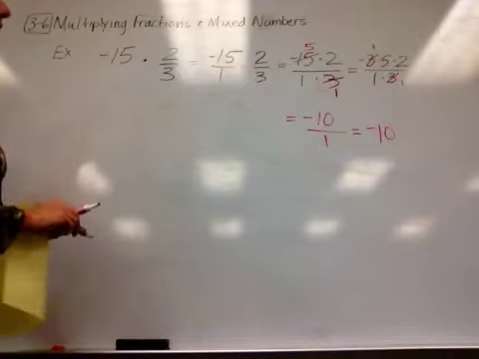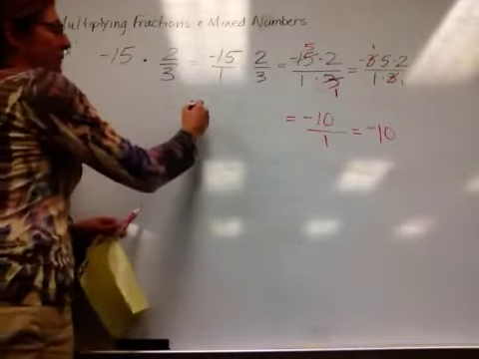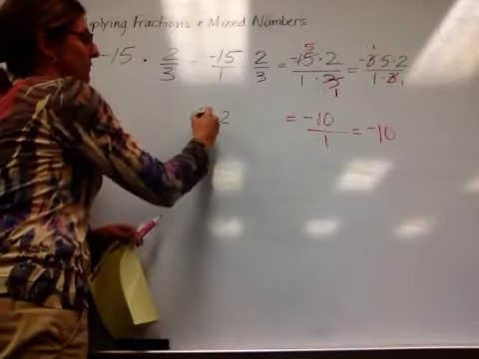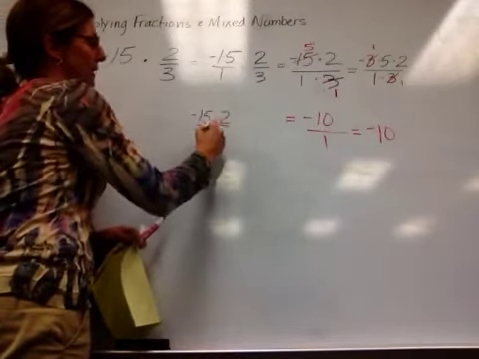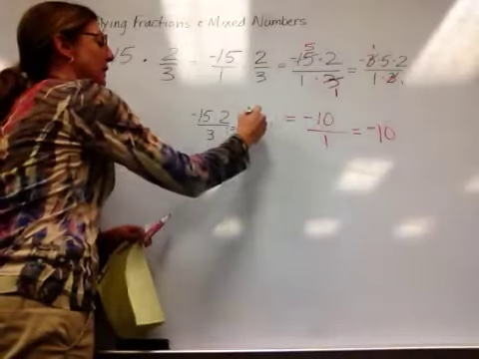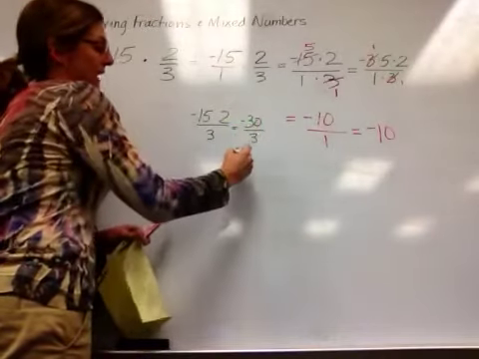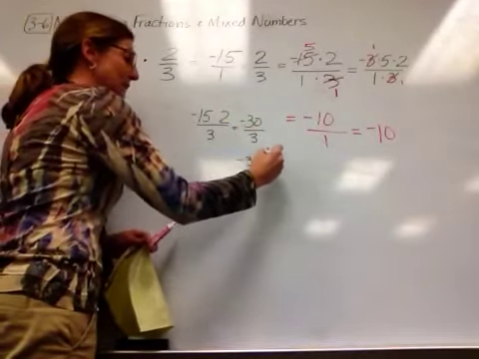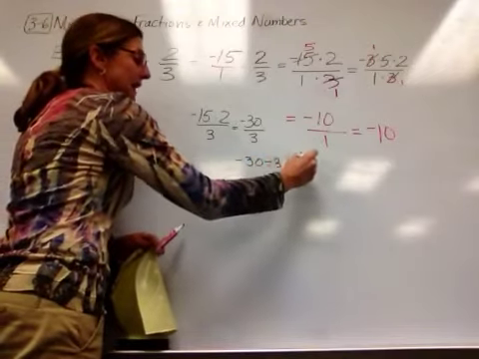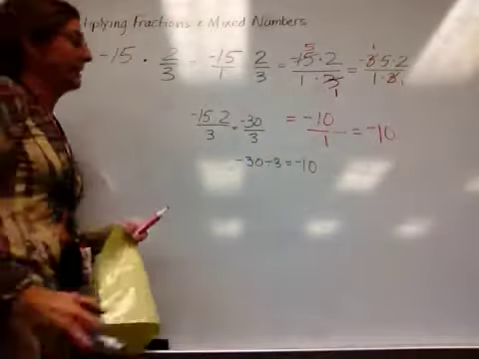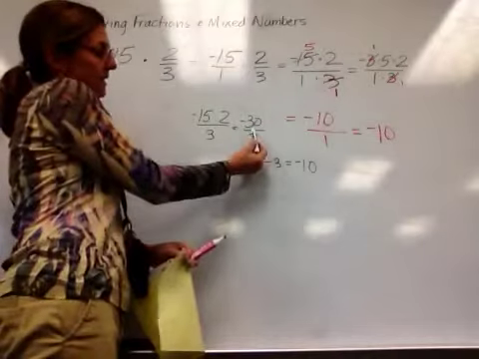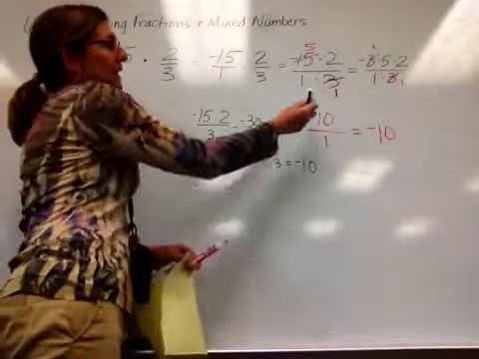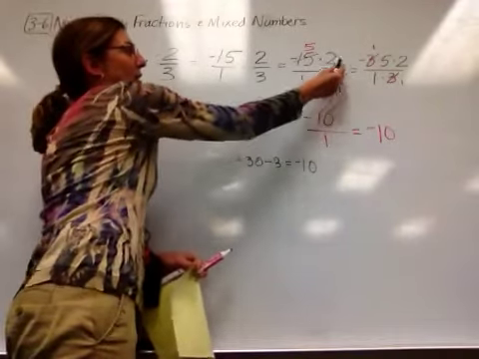You could also look at that as saying that that's negative 15 times 2 over 3, which is negative 30 over 3. And negative 30 divided by 3 is negative 10. Same thing, because when I'm dividing 3 out of 30, well, here I'm dividing 3 out. There's the 30.